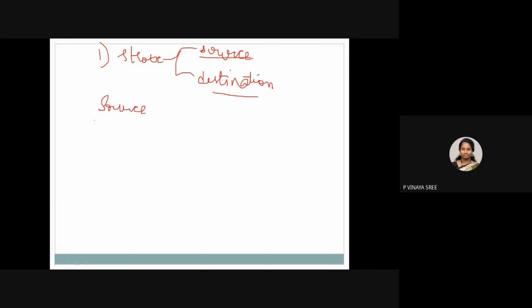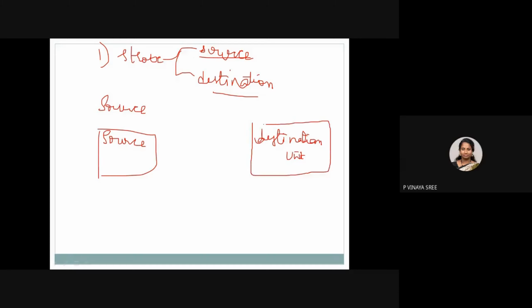In source initiated data transfer, one side has a source device and the other side has a destination. I am not specifying which is which yet. Initially I said that the data transfer is between a processor and the IO device, so let us consider the source to be the CPU and the other side the IO.